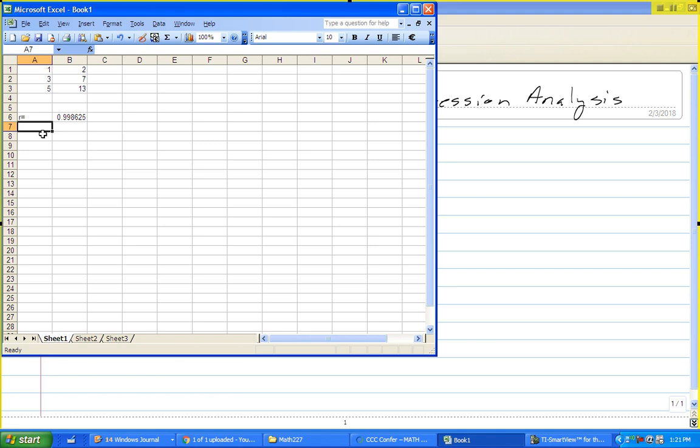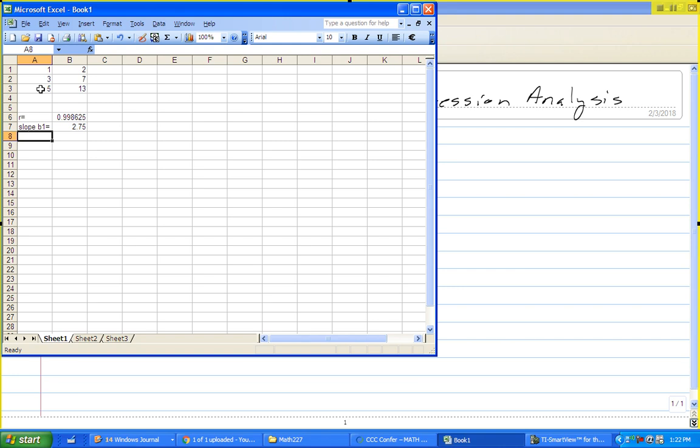And if you wanted to figure out the slope, B1, you would just say slope of the known y's and known x's. That'll give you your slope, it's almost 3.